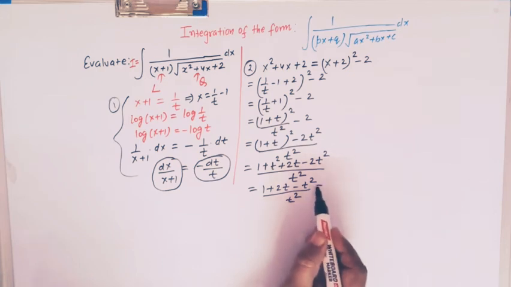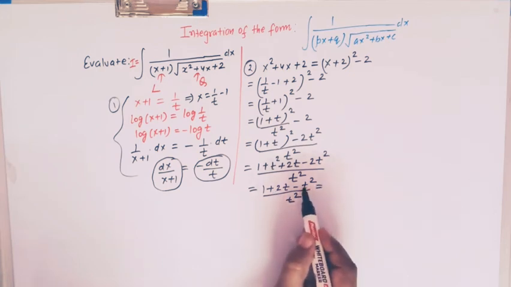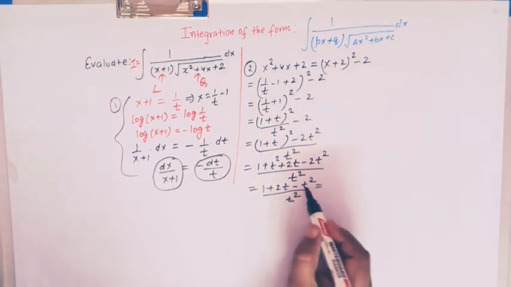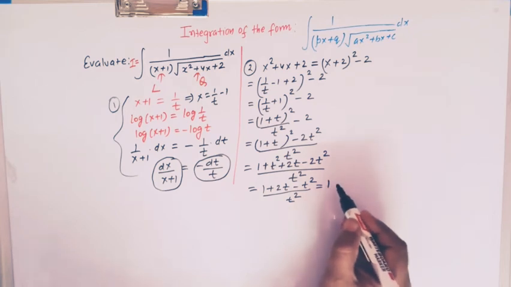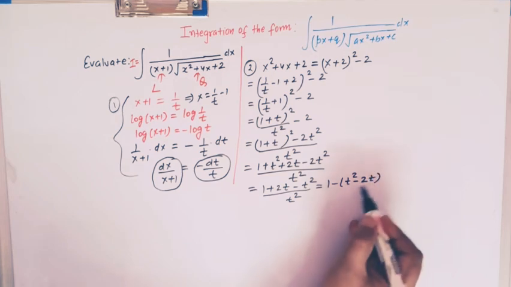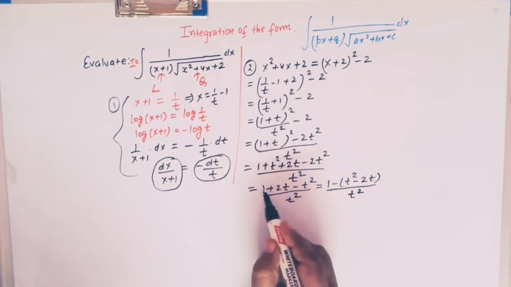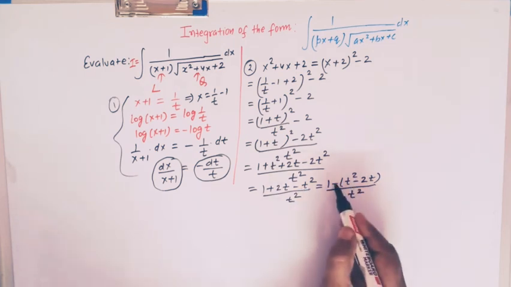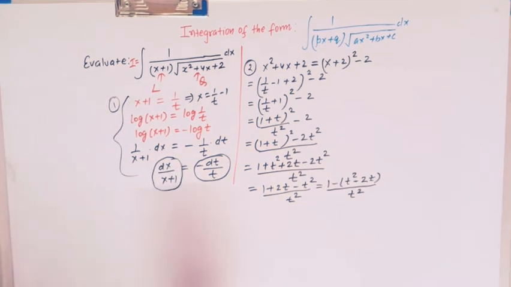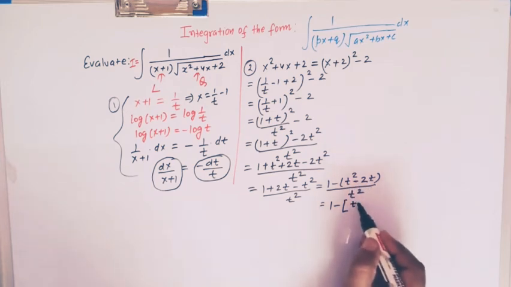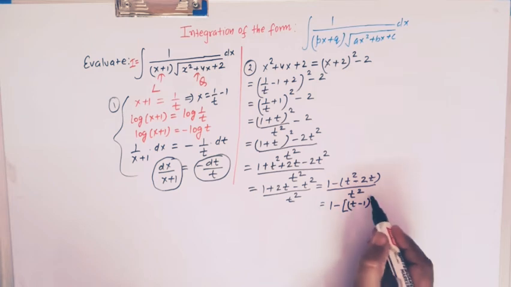Again, we will express it in terms of a perfect square, or we'll write it like this: 1 plus 2t minus t square, over t square. This expression can be written like this because of 1 minus (t square minus 2t), as minus minus is plus. Now again, we can write the term t square minus 2t as (t minus 1) whole square.